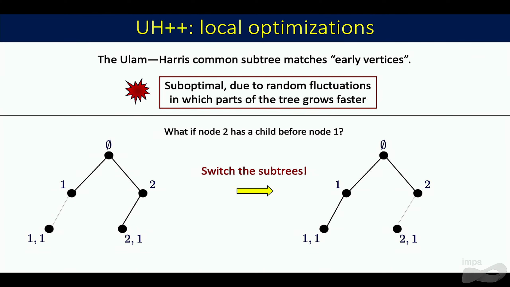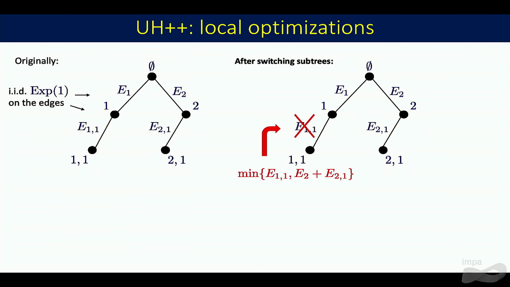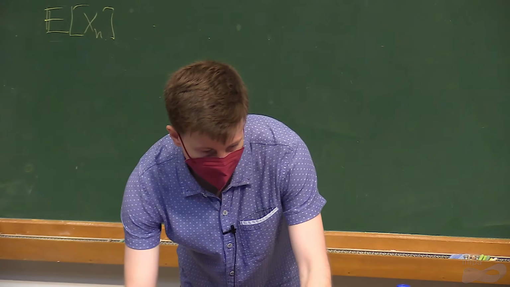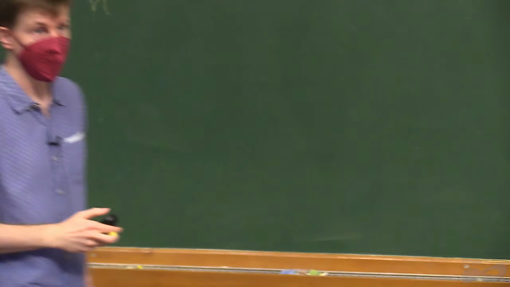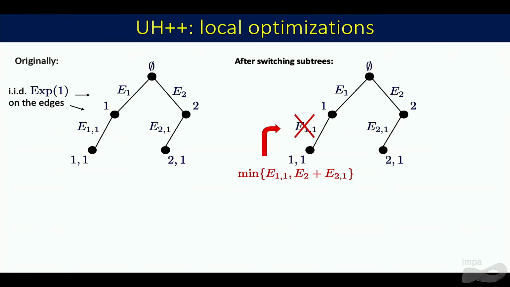So what does this give you? Originally you had these IID exponentials on these edges. And what this gives you is that the first exponential E1 stays the same, and the exponential E11 is replaced with the minimum of E11 and the sum of these two exponentials, E2 plus E21.